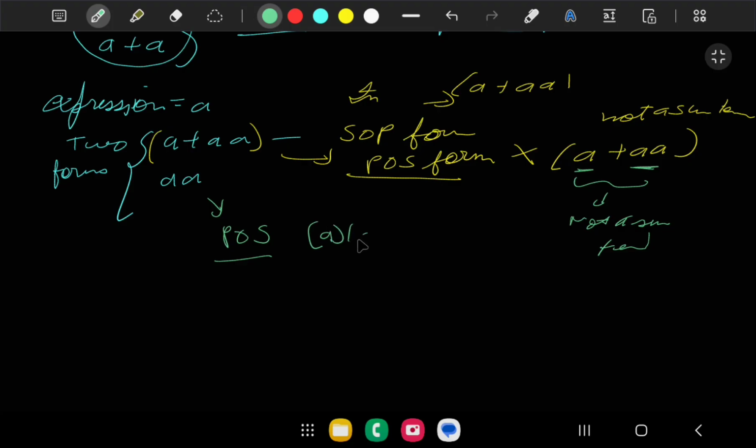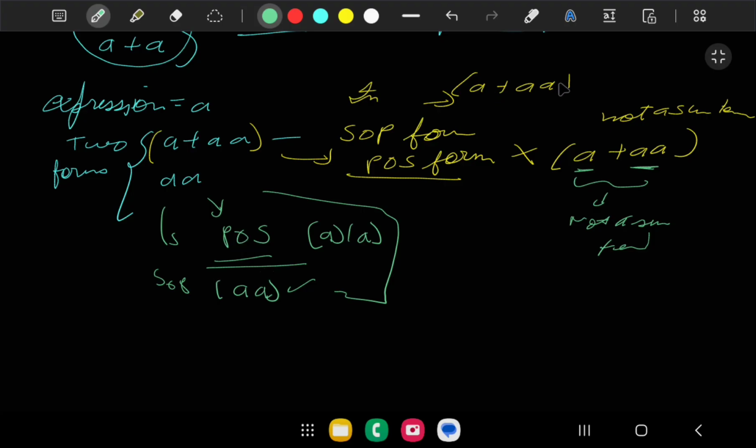Product of sum, right? This is POS. Is this an SOP? Tell me. If you think like this, yes, this is an SOP also. Sum of product. So this expression is POS also and SOP also.